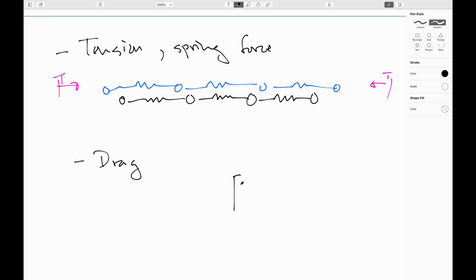So say you got an object here, you're trying to move it through the air. What will happen is you will literally collide with the air molecules here. Those air molecules will have to bounce off. Now, when they bounce off, if you think about it here, this means that the object, say your hand, had to exert a force on the air molecules.